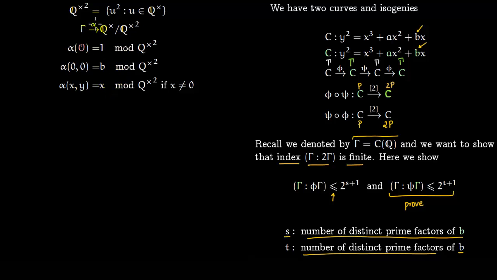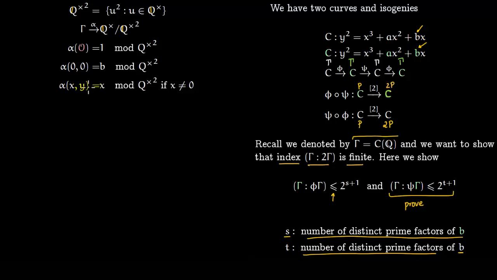So this homomorphism will have the following property. This will be a homomorphism, and this is an important homomorphism. From there everything will follow. So first thing is this group contains a special point because it's just a group of rational points right here. So the special point will get mapped to 1. The point (0, 0) will get mapped to B, because this B is precisely this B right here.